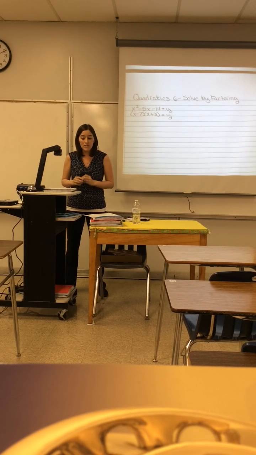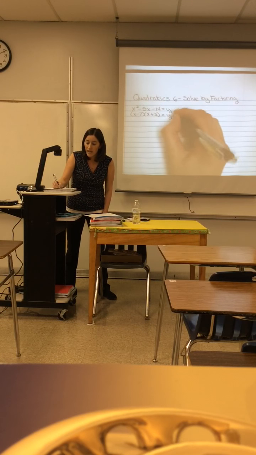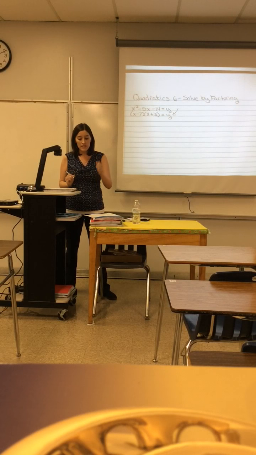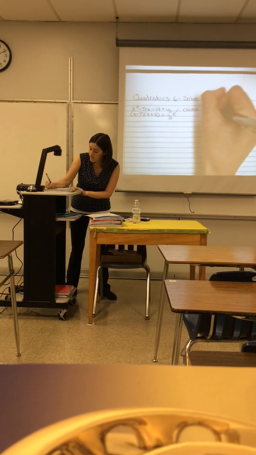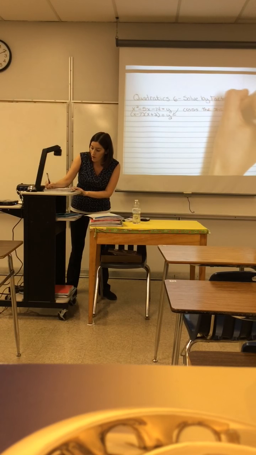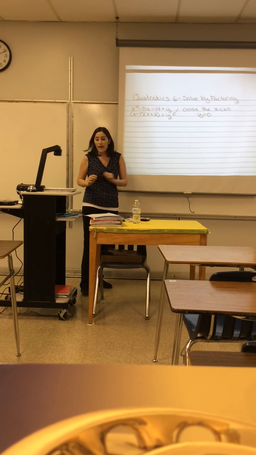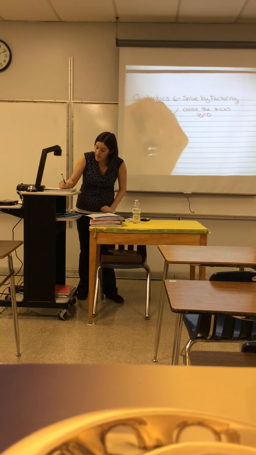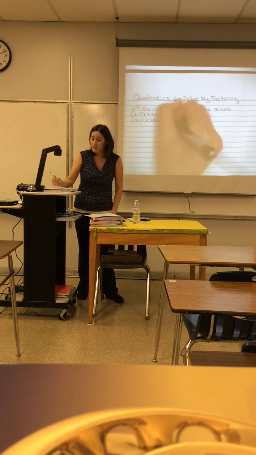It's really important to remember that anytime you cross the x-axis, your y value equals 0. So we're going to replace that y value with a 0 here. I've got (x minus 7)(x plus 2) equals 0.